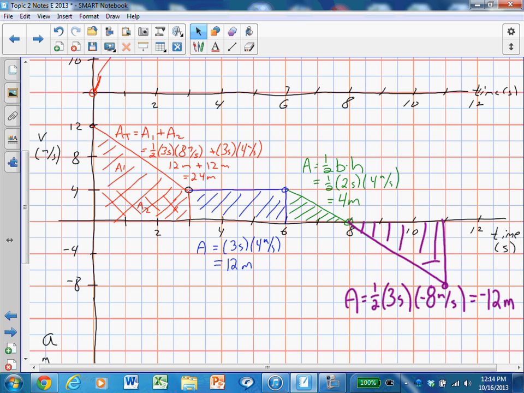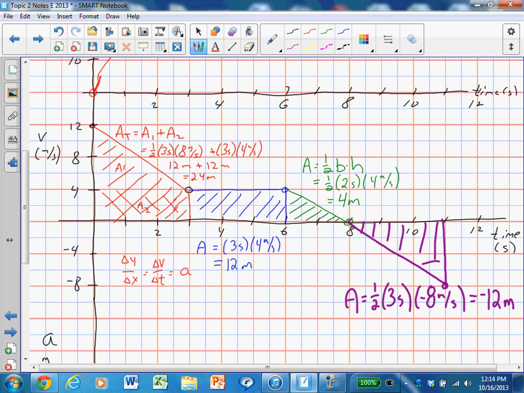To get from our velocity versus time graph to the acceleration graph, we have to find the slope, right? So our slope here is change in y over change in x, but that's change in v over change in t, which is a, isn't it? To get acceleration, we find the slope.